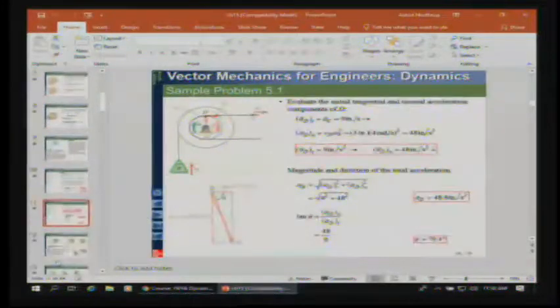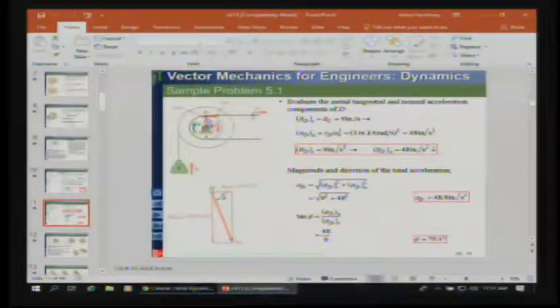All right? And then we're just going to continue with that, evaluate the initial tangential and normal accelerations. So we have r omega. Well, I want to phrase this a little bit differently.